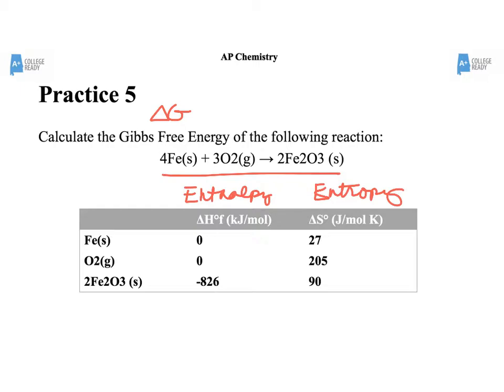We know the delta H's, and we can calculate delta H. Delta H is equal to negative 1652 kilojoules per mole. We know the delta S values, so we can calculate delta S. Delta S is equal to negative 543 joules per mole Kelvin. By the way, we already did those two calculations way back on practice problem number 2.